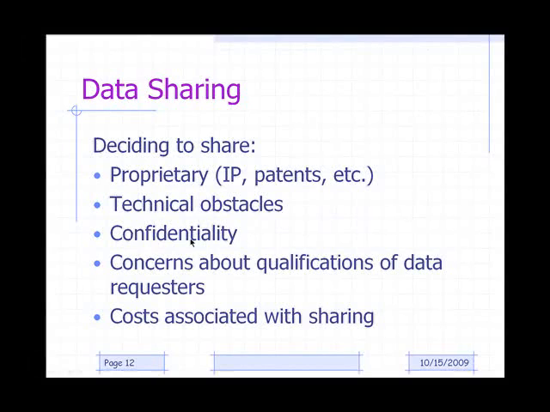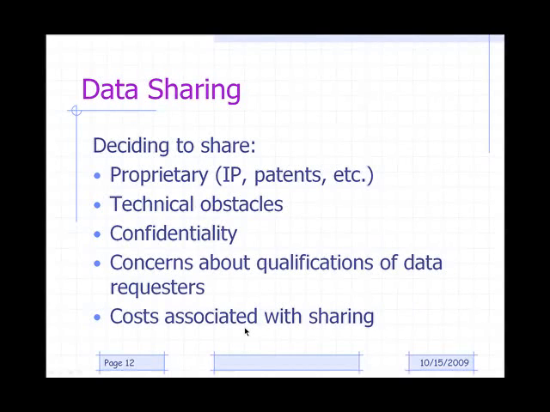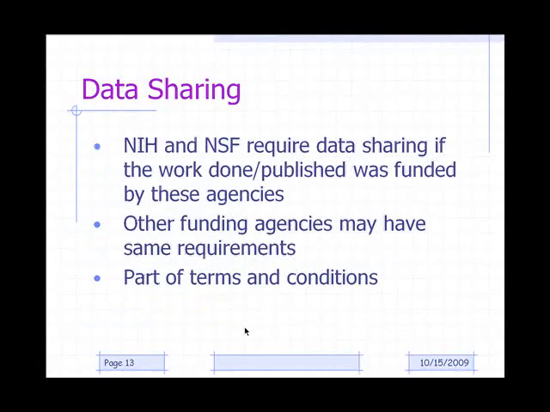There's confidentiality, if a colleague shares some information with you, things of this sort. Concerns about qualifications of data requesters, so who's asking for data, and the costs associated with sharing. If you make them available, or if you have to ship something, then who should have to pay? So these are things that need to be worked out.